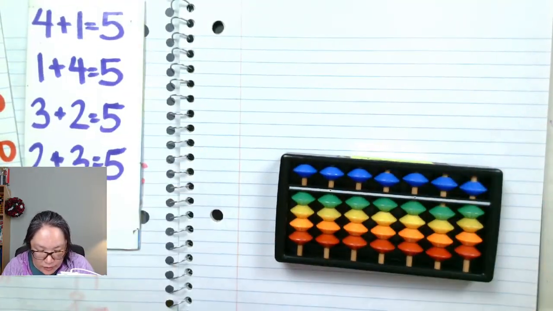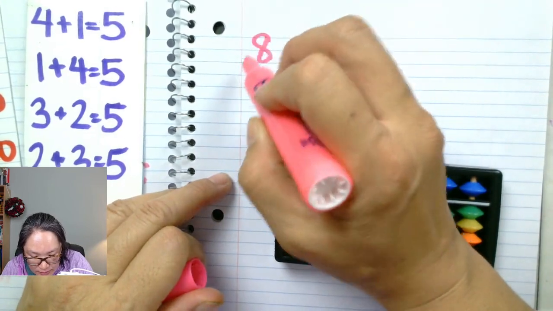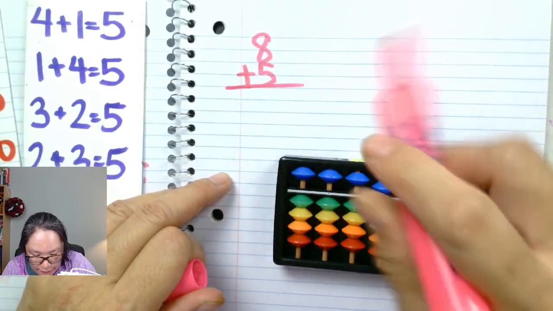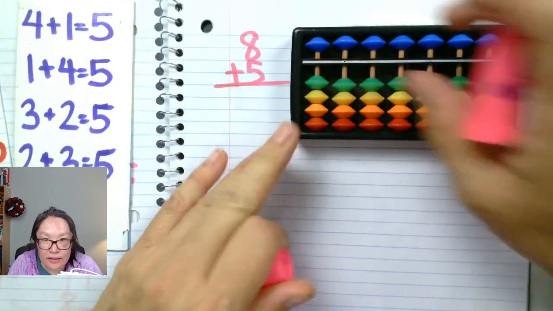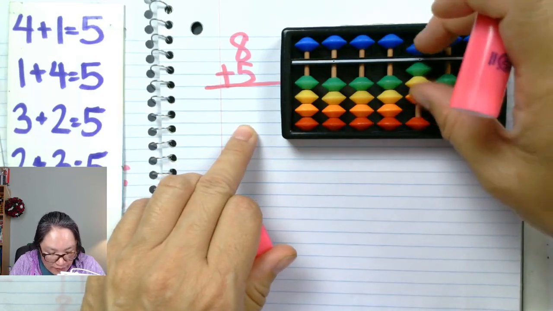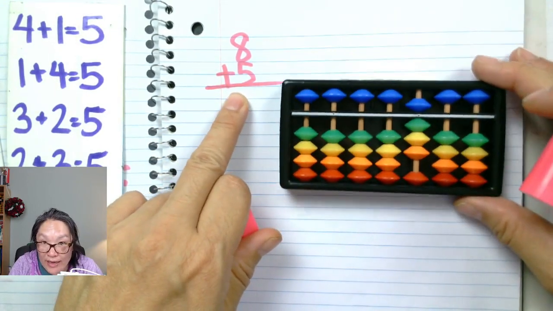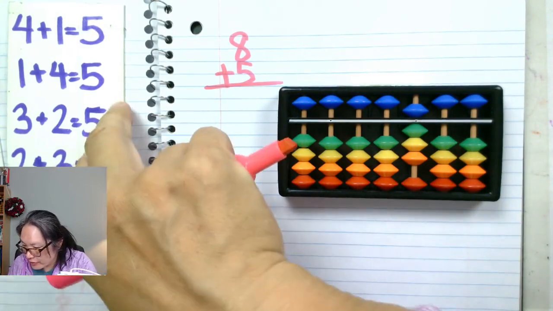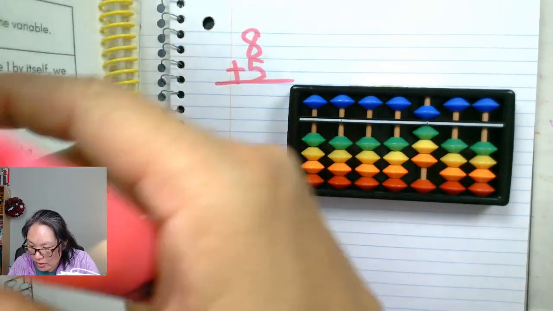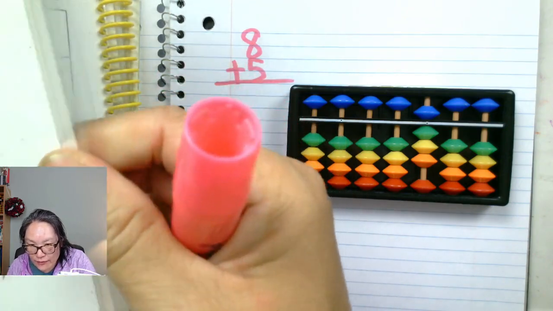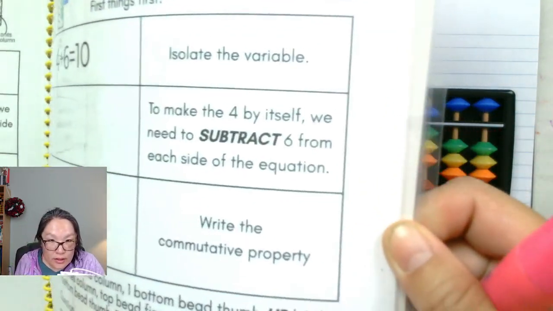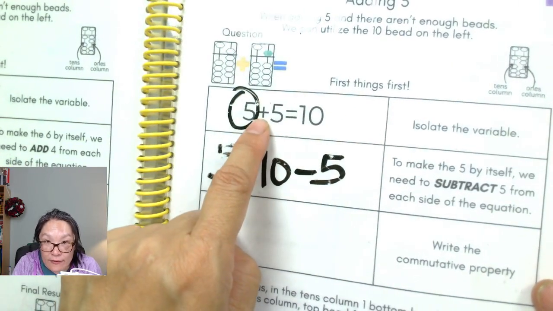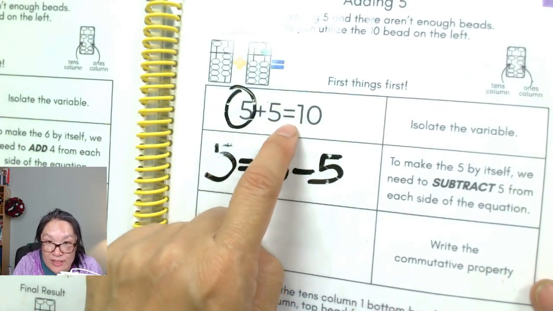So the first question was 8 plus 5. This is easy, right? We have 8, and we want to add the 5. When we add the 5, it looks like this. Plus the 5, 5 plus 5 is equal to 10.